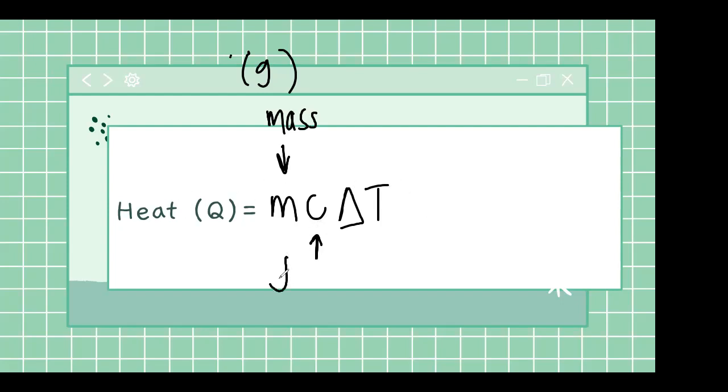So it'll usually be joules per gram degrees Celsius, right? So that T is always in degrees Celsius. And then heat is typically in joules. So that's where this joules per gram degrees Celsius comes from. So the problem can ask kilojoules or calories, so you have to know the unit conversions between the two.